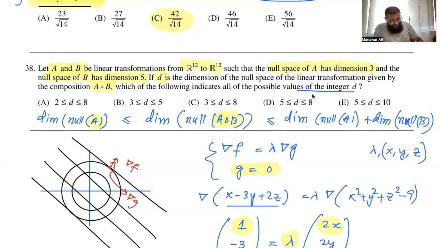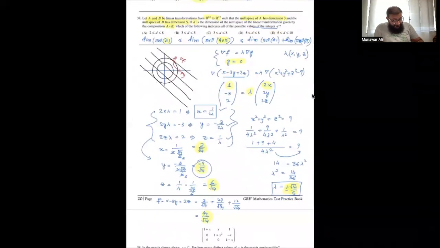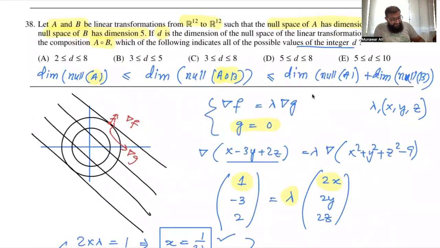I'm just going to write it here with the red pen. So the dimension of the null space of A composed with B is D. What is the dimension of the null space of A? We saw it is 3.